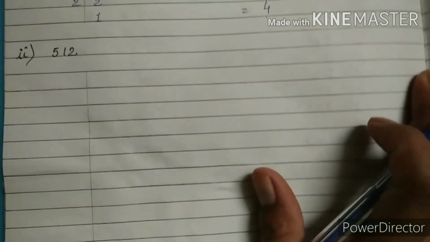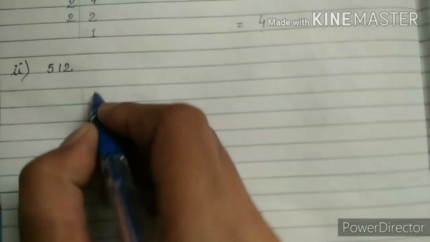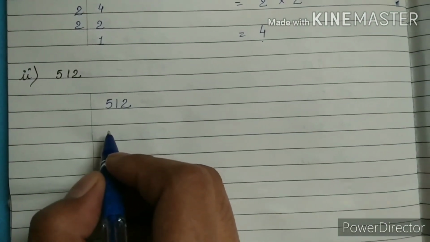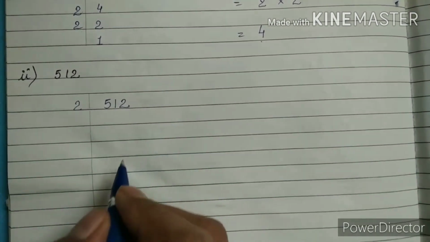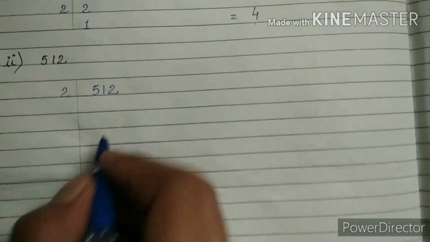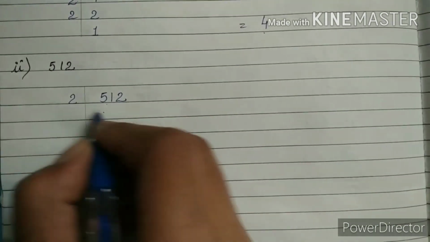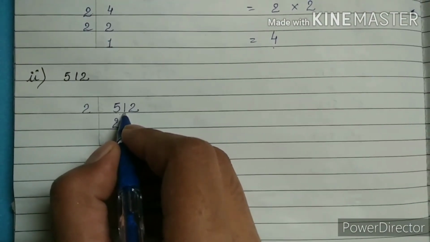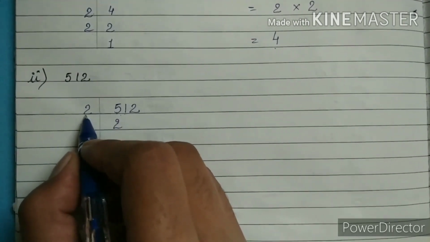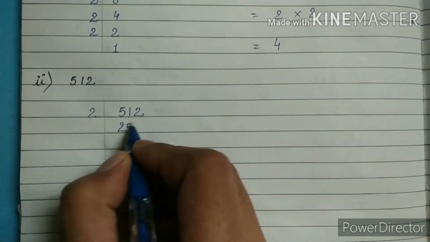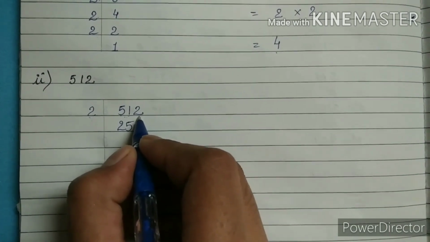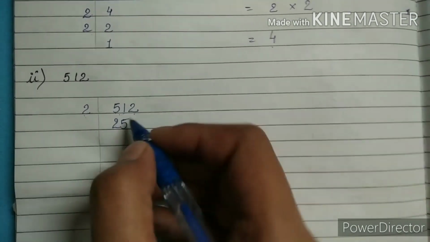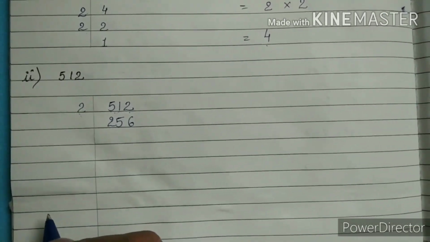Now second part, 512 is here. Same, we will take the prime factors of 512. Firstly we go with the table of 2. 5 goes 2 times, its remaining 1 goes near to 1 and it becomes 11. 11 goes in the table of 2 5 times, remaining 1 goes near to 2, so it becomes 12. 12 comes in the table of 2 6 times.